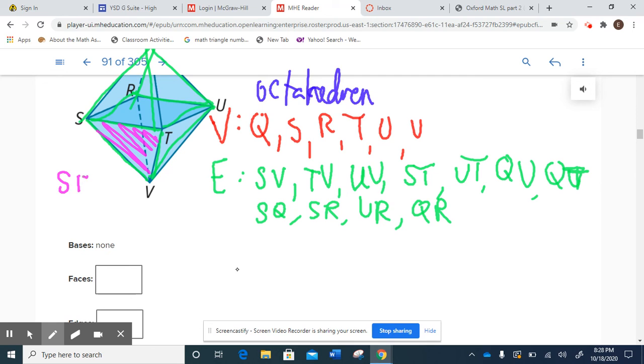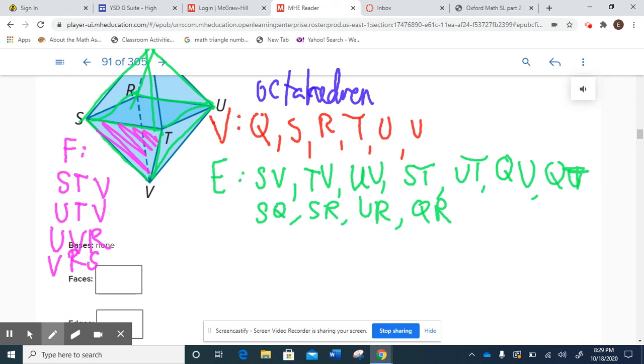So the STV, these are the faces. And then I'm just going to kind of work my way counterclockwise around. So there's an edge, UTV, UVR, I'm going around the back side, the bottom half, and then VRS. So those are the 4 triangles that make up the bottom.